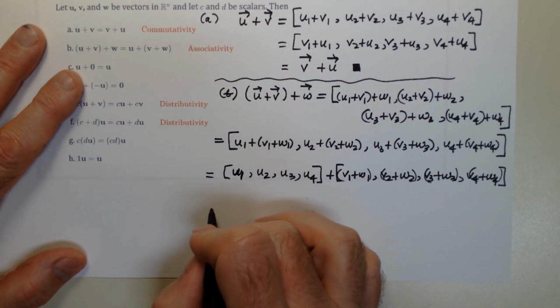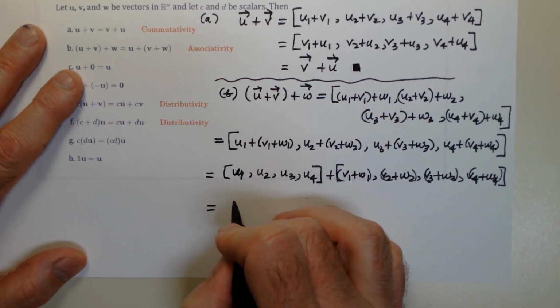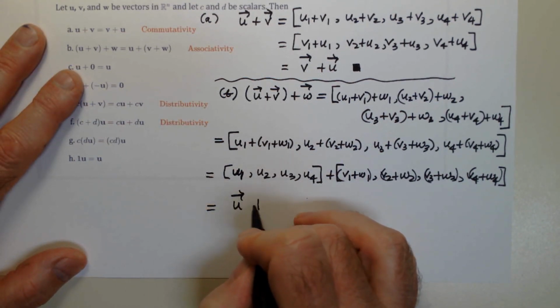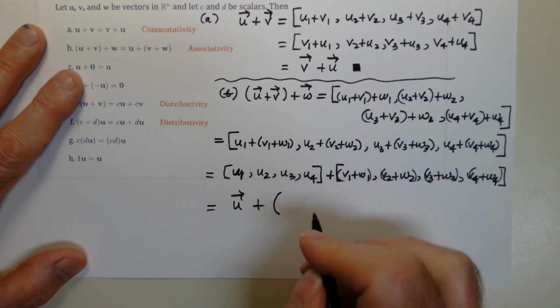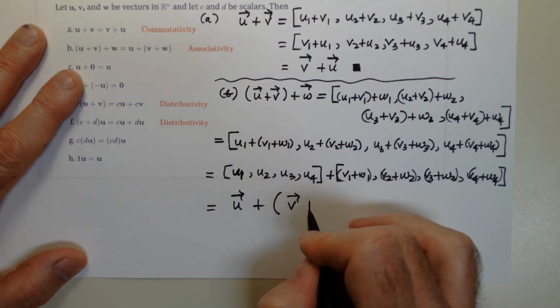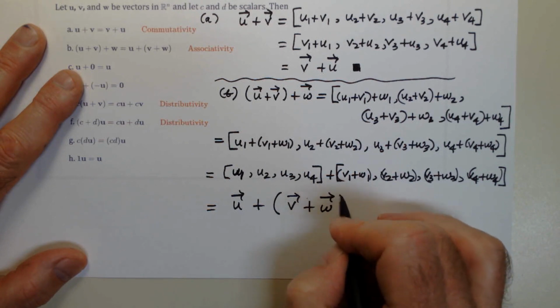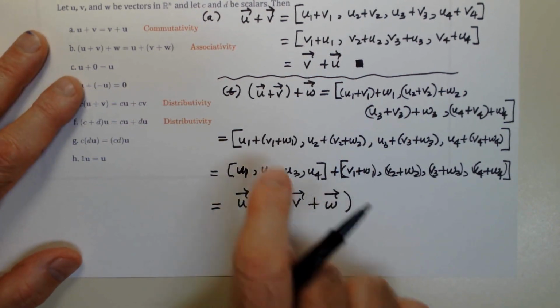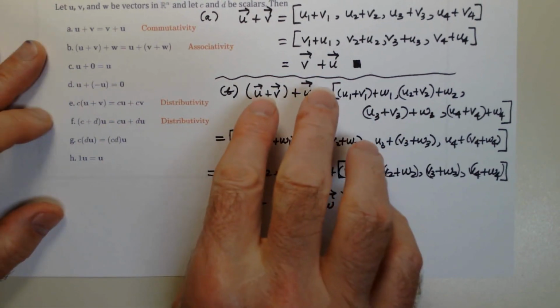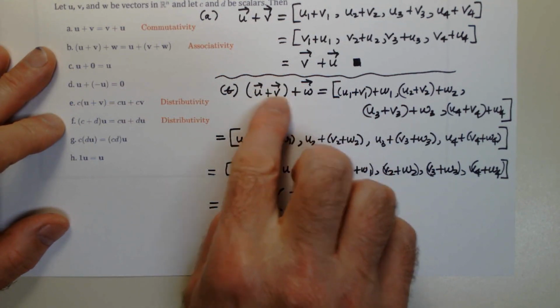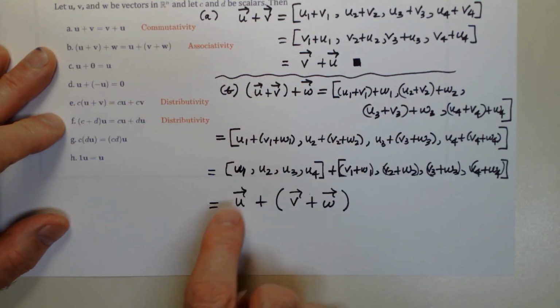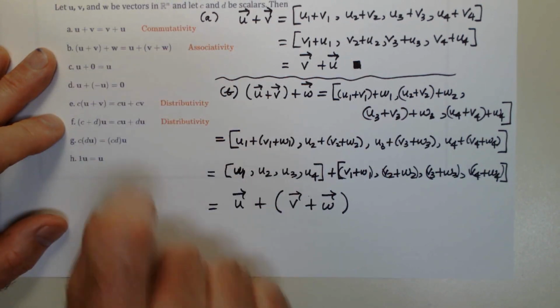So at the end of the day, what do we have here? We've got the vector u being added on to the vector v plus w. And that's exactly what we wanted to show. We wanted to show that (u plus v) plus w is equal to u plus (v plus w). That's exactly what the associative law is.